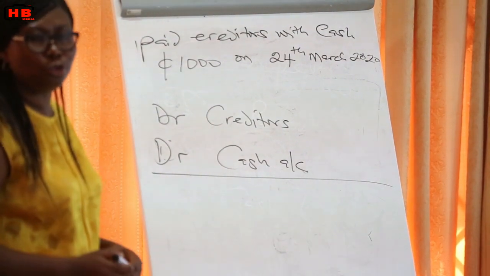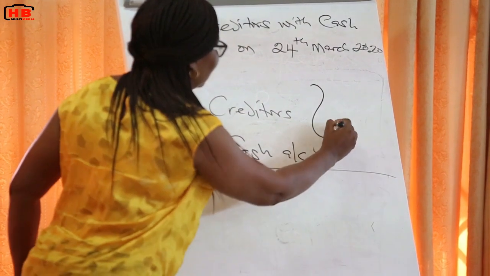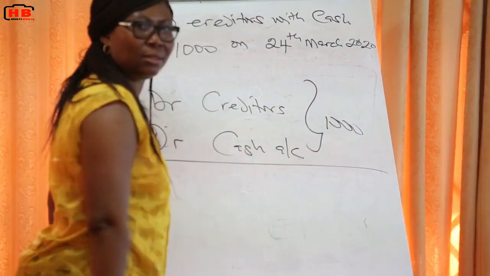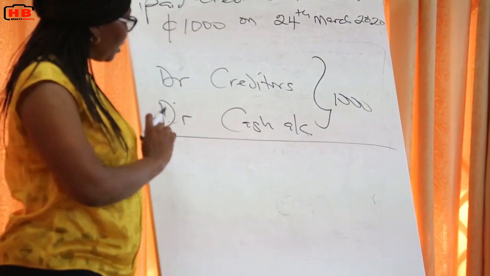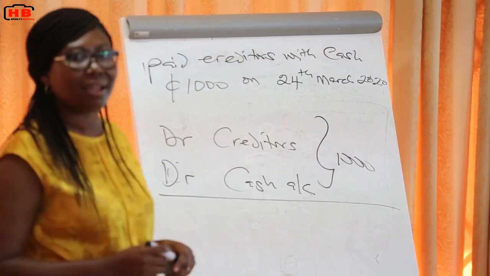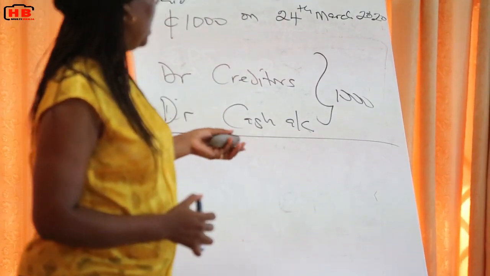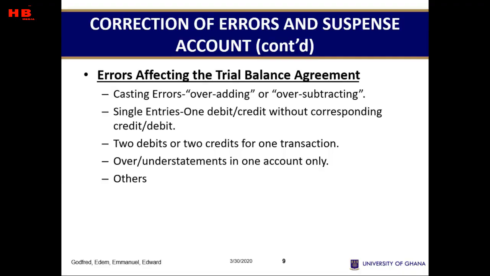Once you do that, you expect that the 1,000 cedis would have been replicated twice, in the creditors and in the cash account, and the cash account would have been understated. That would also affect the balancing. Over or understatement in one account only.